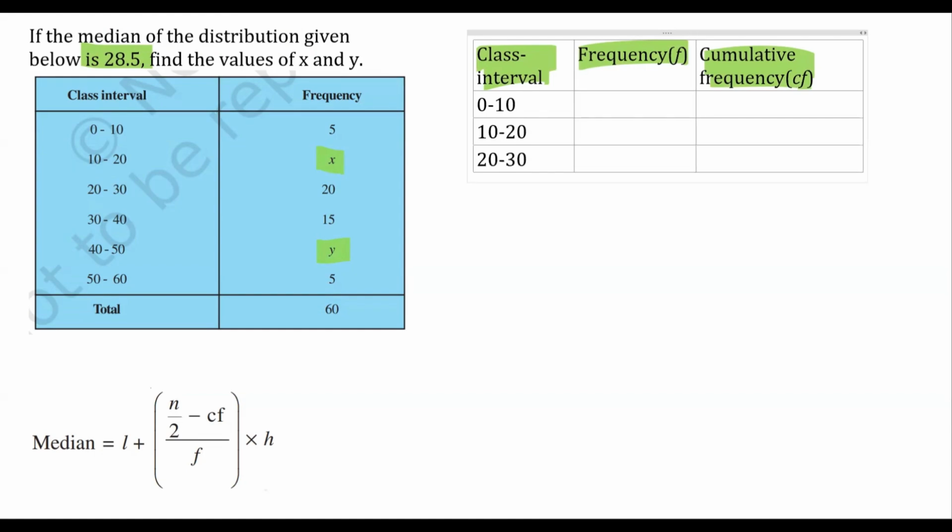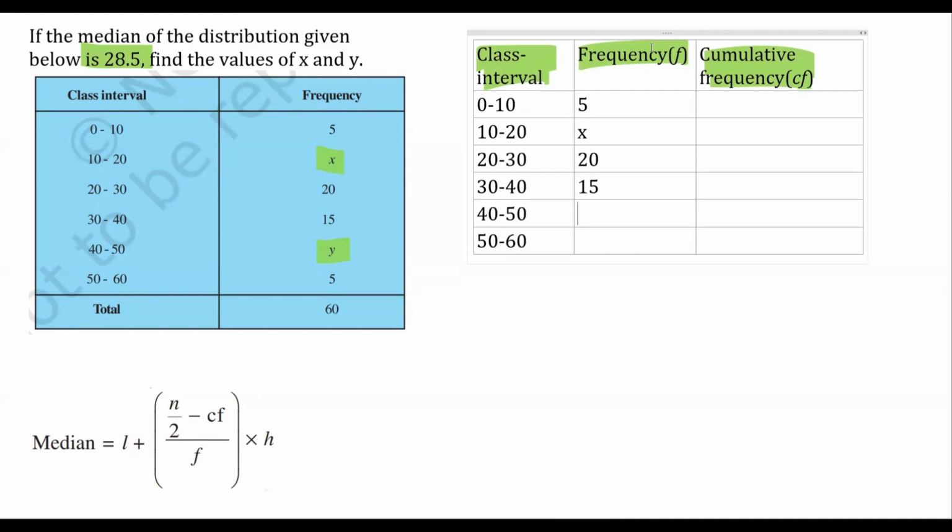Next is the frequency of the same class plus the cumulative frequency of the preceding class. So the next is going to be what? We will be adding x with 5. So it's going to be x plus 5, right?